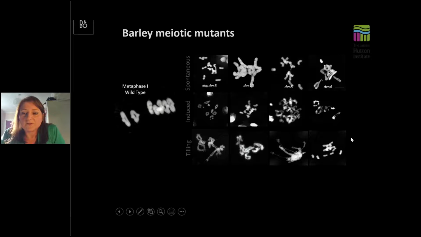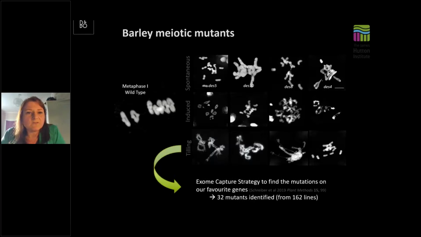One of them is to use cytology, and you can really appreciate that if you compare to the wild type metaphase here, they all have different conformations. This one is obviously losing crossovers, but this one also has a problem with chromatin compaction. And from that, we even developed an exome capture strategy to find these mutations.